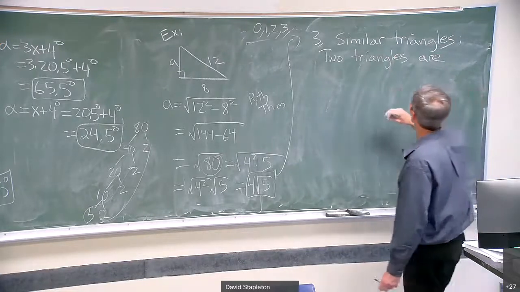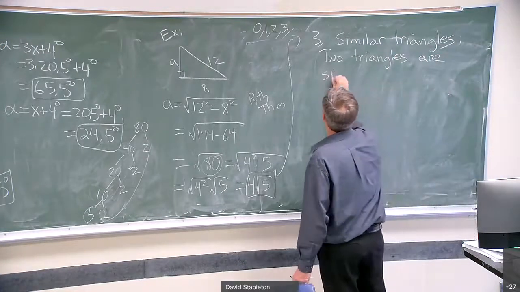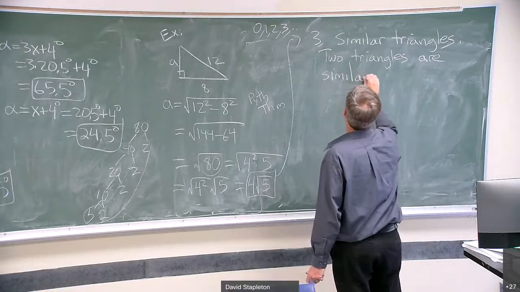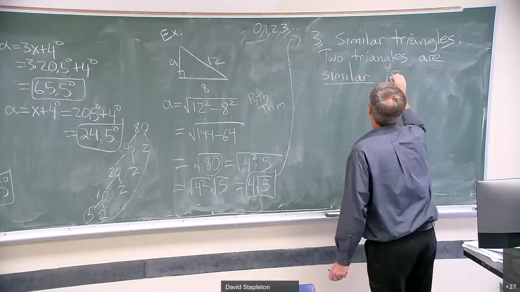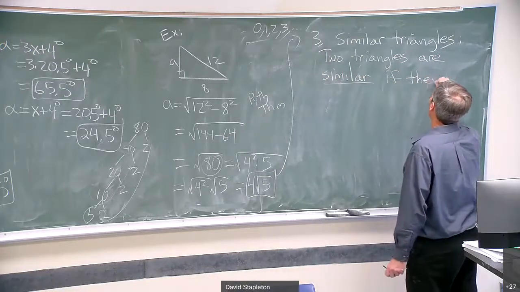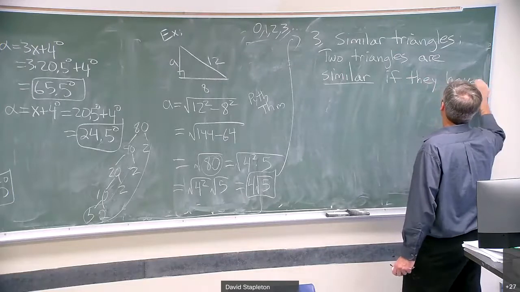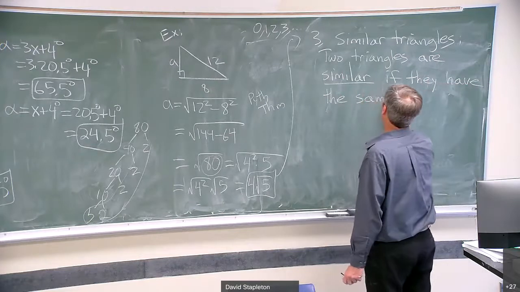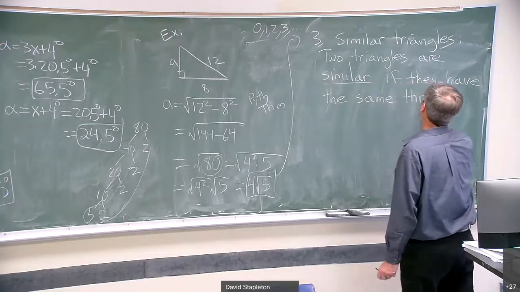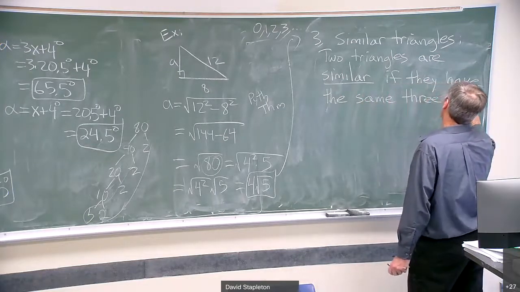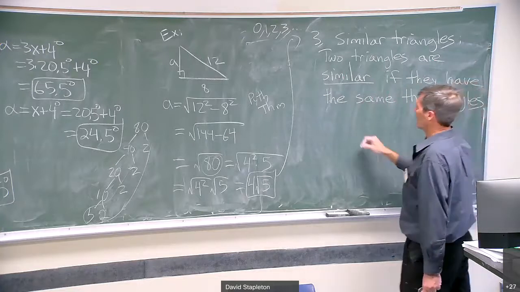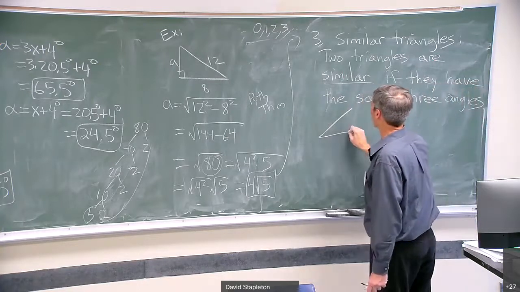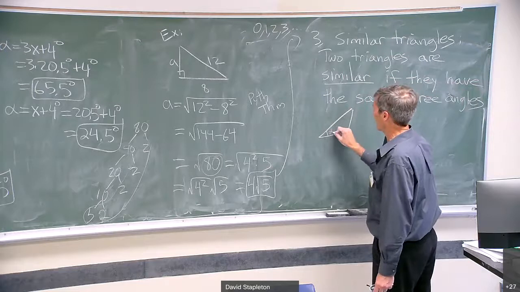It's just one is the other one scaled up. So we could draw one like this, let's say, with angles alpha, beta, gamma.